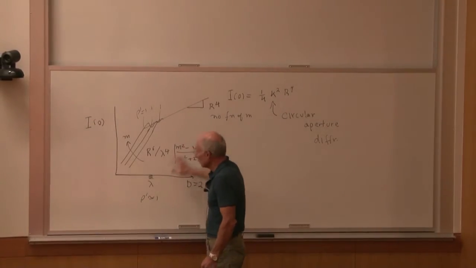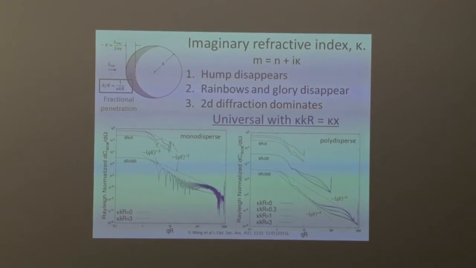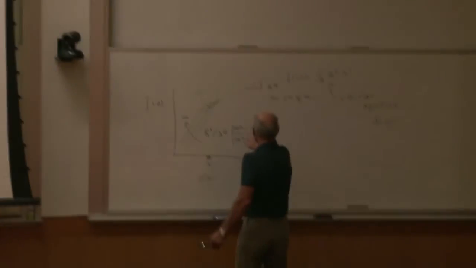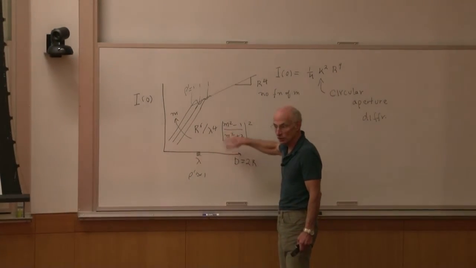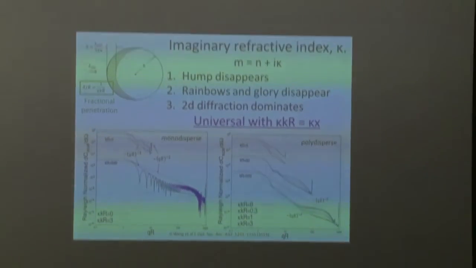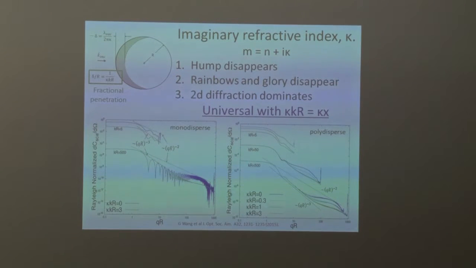So up there, to get to kappa KR of 1, kappa is going to be a 5th. And you start putting a 5th into M, and it changes the Lorentz term. So I want to alert you to that. Okay? So then, indeed, it's just the magnitude of kappa that's causing problems. But on the other hand, if we get to larger particles, then it's the effect on the hump and not on the Lorentz term.